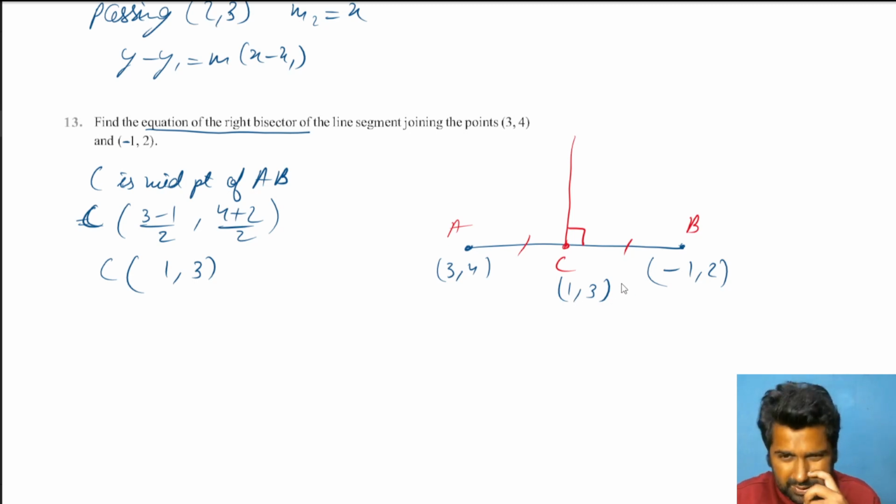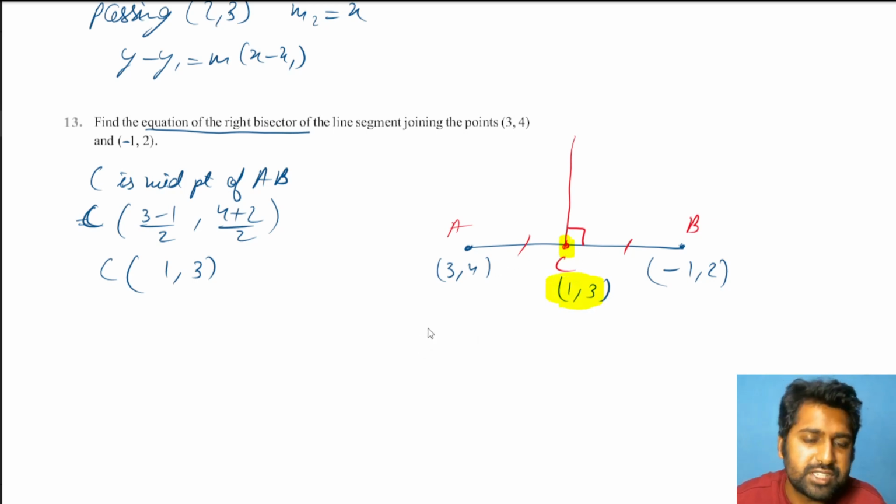How do we get the equation now? For equation, you usually need 2 things. One is the passing point that we know, C, we just calculated. If only we can get the slope of this line, and I hope you understand where I'm going with this. 2 points already known. Let's call this M1. These two lines are perpendicular, so I'm directly stating M1 M2 equal to minus 1.